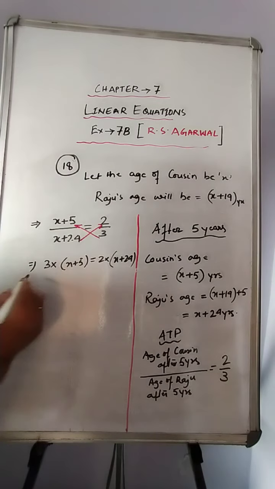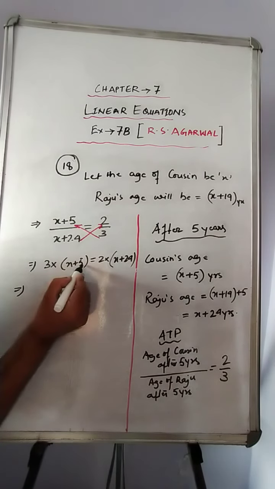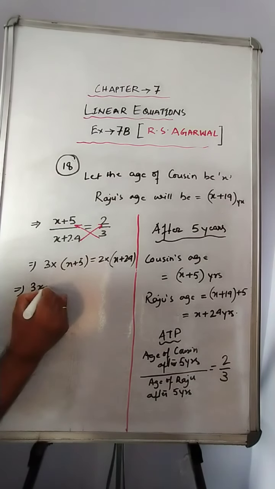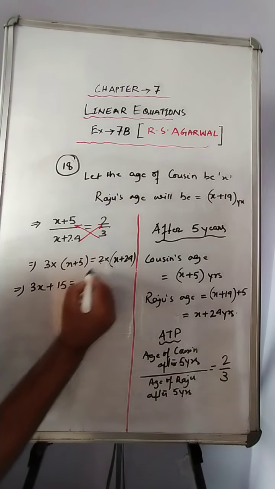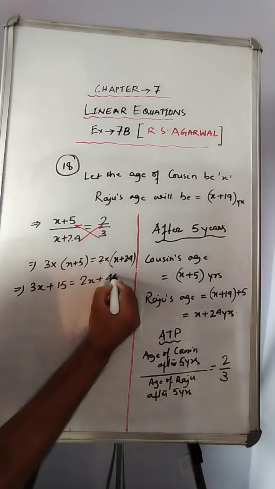Now how to open the bracket, students? We multiply the monomial with all the terms inside the bracket: 3 into x, 3x, plus 3 into 5, 15, equals 2 into x, 2x, plus 2 into 24, 48.